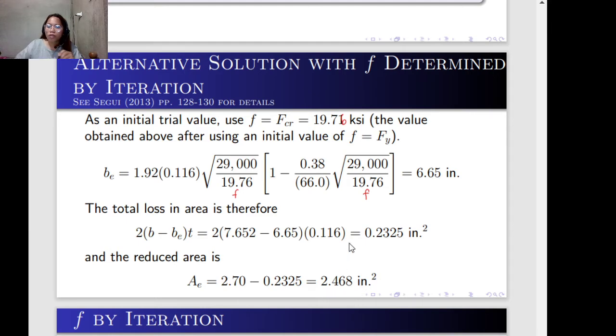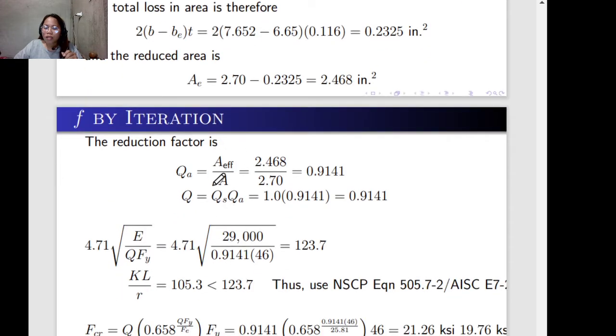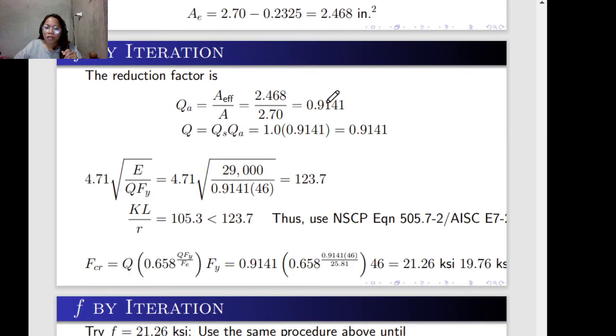Then compute for Q sub A. Q sub A is the effective area over the gross area. The value is 0.914. And since Q sub S is 1.0, Q is 0.914.